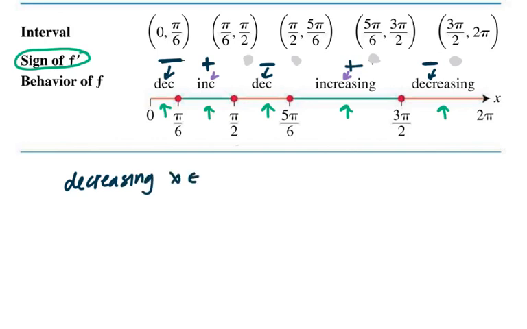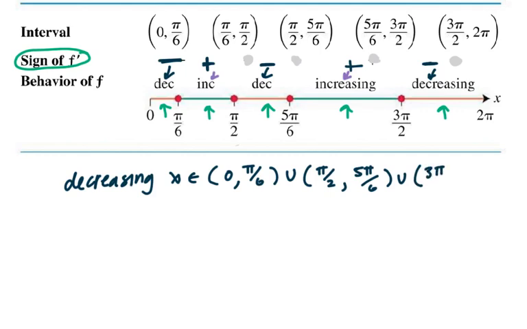the derivative is negative. So we're decreasing from 0 to pi over 6, union pi over 2 to 5 pi over 6, union 3 pi over 2 to 2 pi.